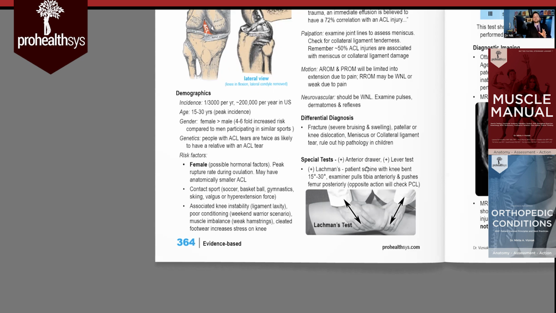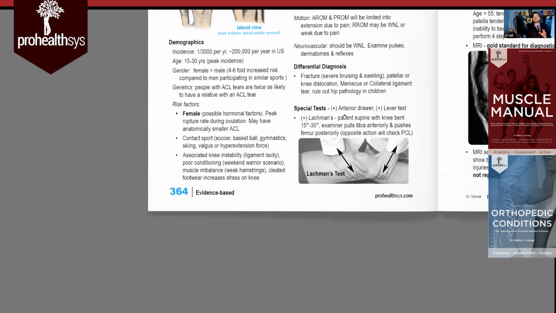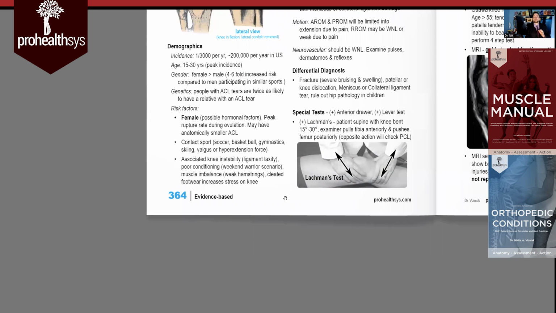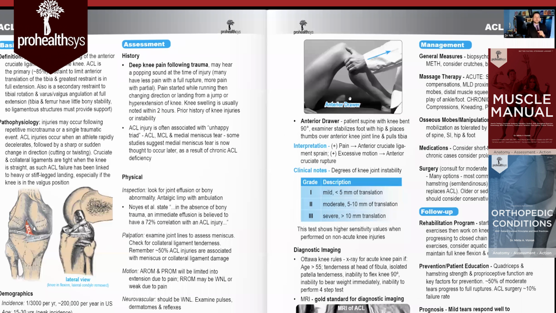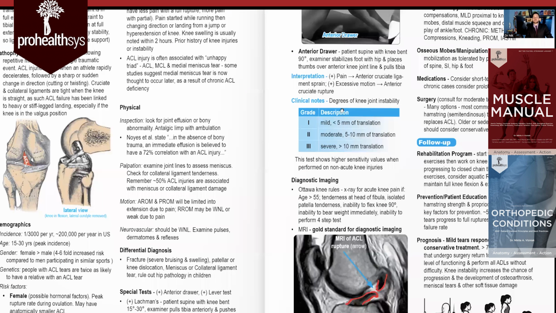All right, keep your special tests simple. Anterior drawer is a great test. Lever test is a great test. These have good research. Lachman's is also a good test where you're looking for anterior and posterior translation. Of course, you are checking the unaffected side first and then coming to the affected side to get a baseline of function. Anterior drawer, one thing you do have to watch, and I would strongly encourage you to do it this way, is if you look at this image, you can see that my fingers are palpating this athlete's hamstrings.